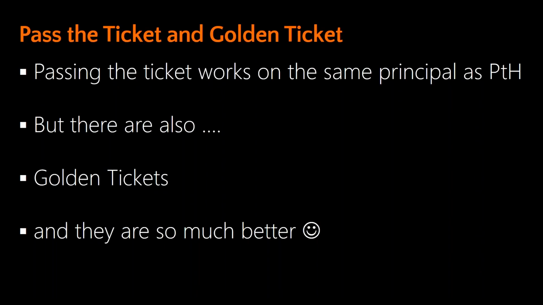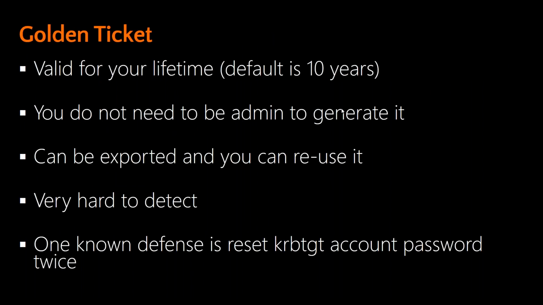I've got an ability to generate a golden ticket, and golden tickets are so much better. They're like pure gold. Why? Because they allow me to create persistence inside your Active Directory. By default, they are valid for 10 years, but you can modify the lifetime of those tickets without any issue.